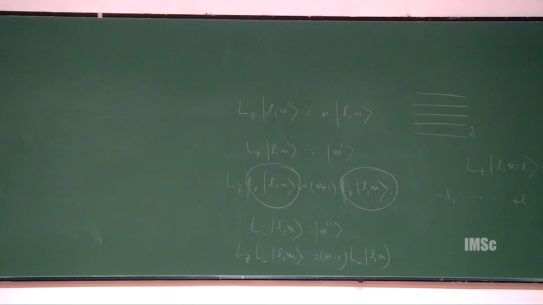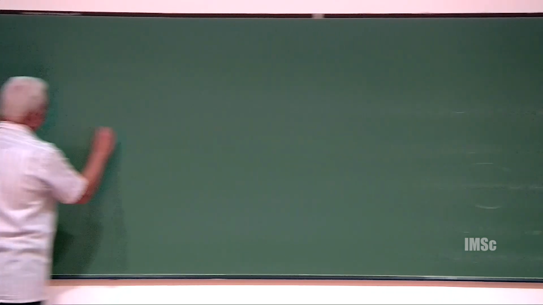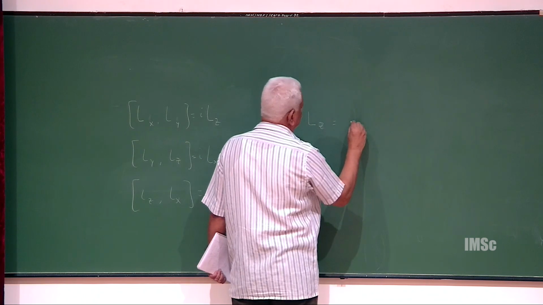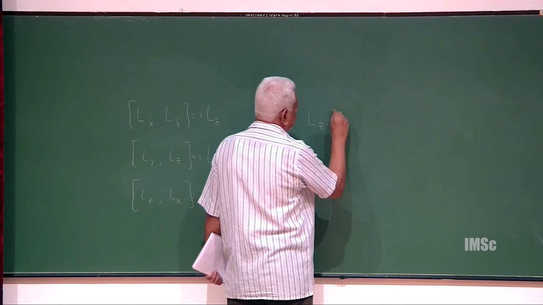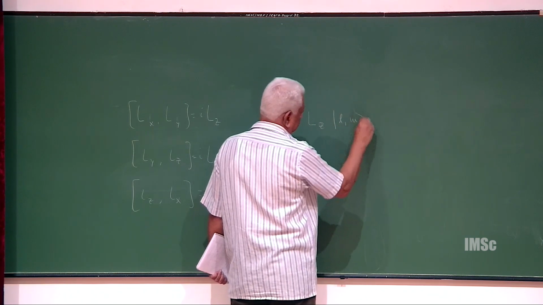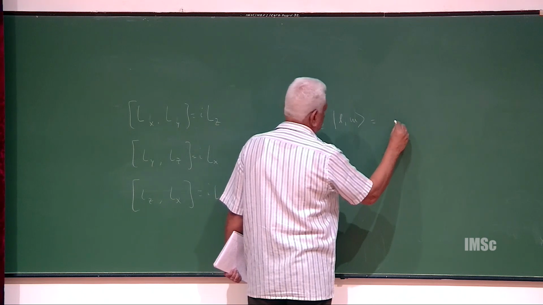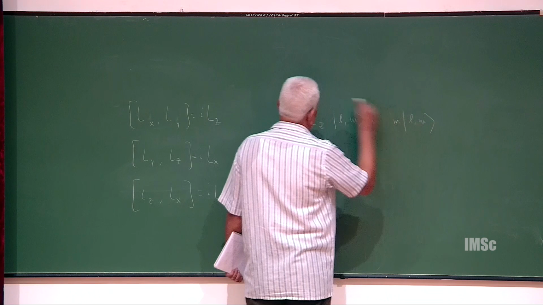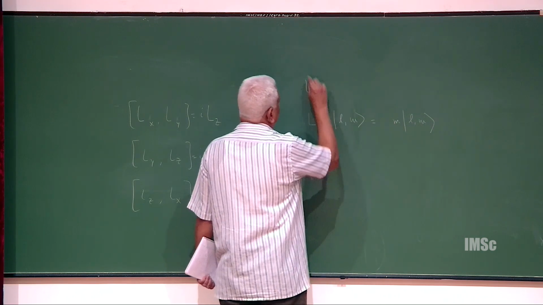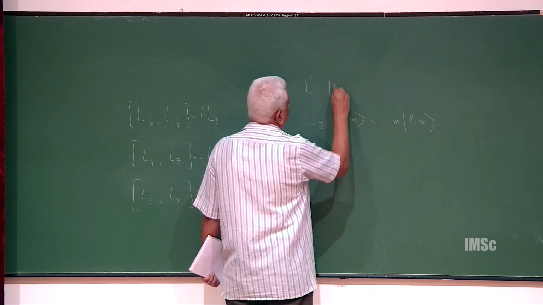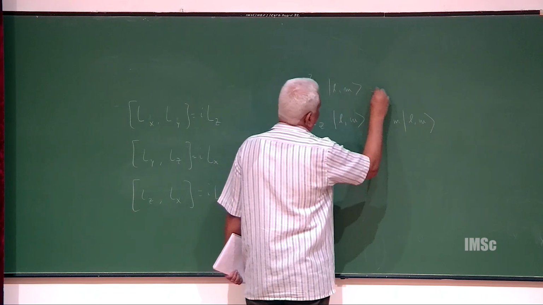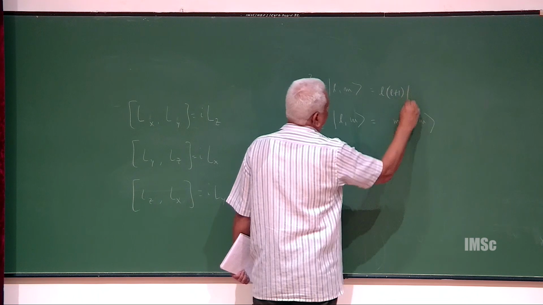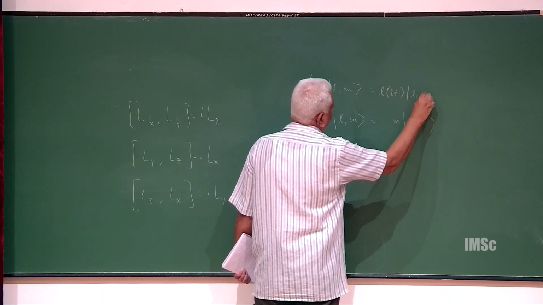So Lz is going to be a diagonal matrix. The state is labeled by Lm, and Lz acting on it gives m times Lm. L square acting on Lm is given by L into L plus 1 times Lm.